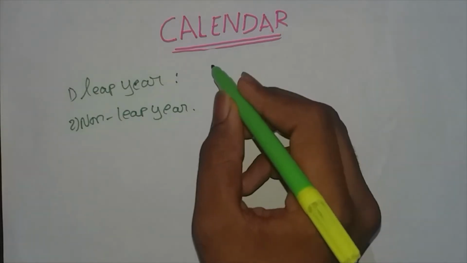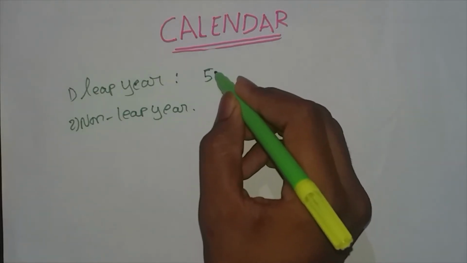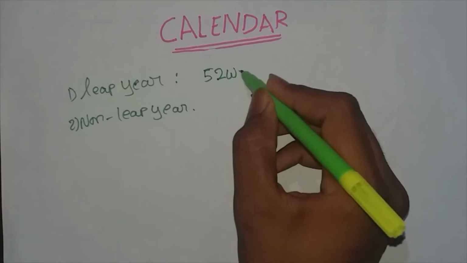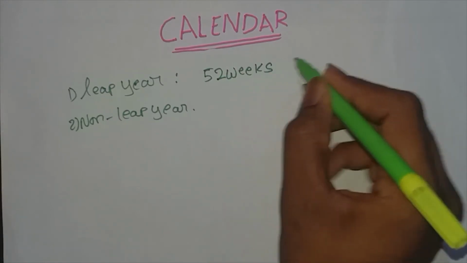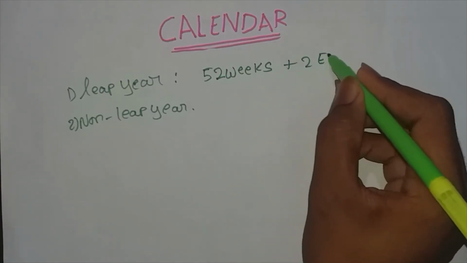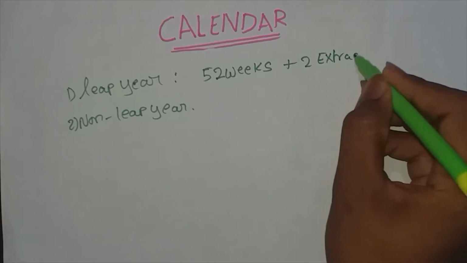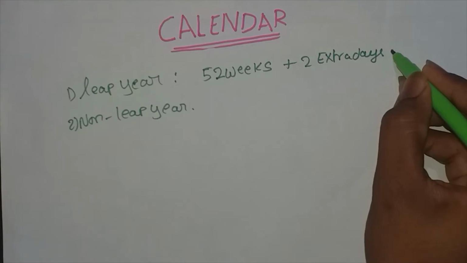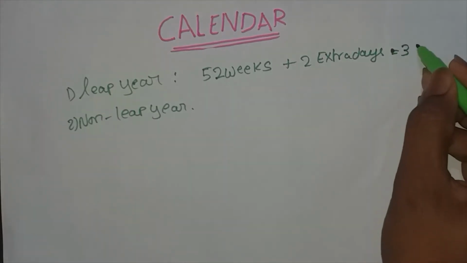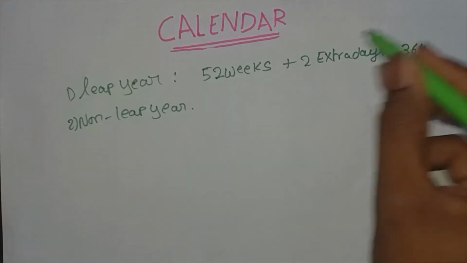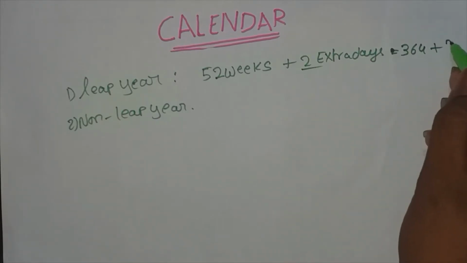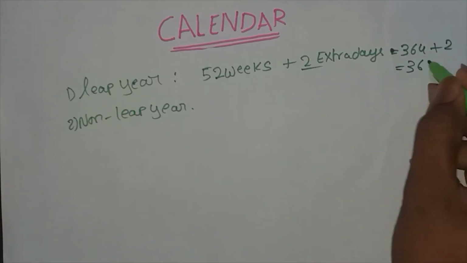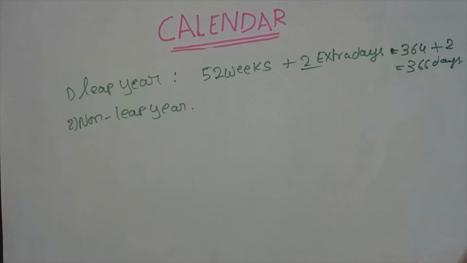A leap year consists of 52 complete weeks plus 2 extra days. You already know that 52 weeks means 364 days, plus 2 extra days gives you 366 days. So this is a leap year.